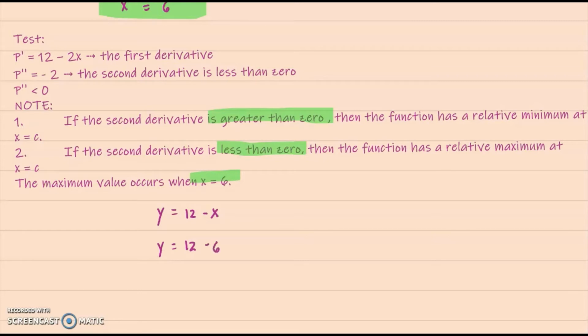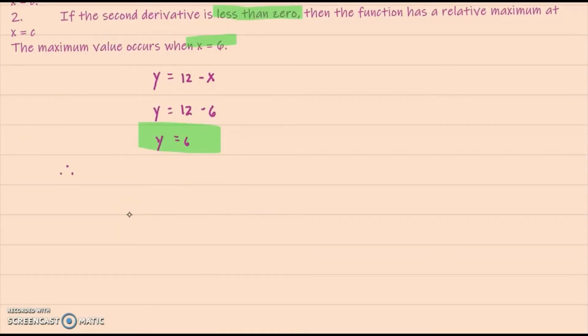So you have y is equal to 6. Let's highlight that also. So the two positive numbers are 6 and 6. That's it.